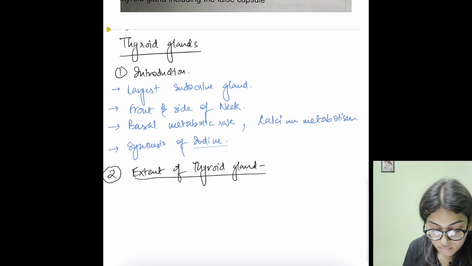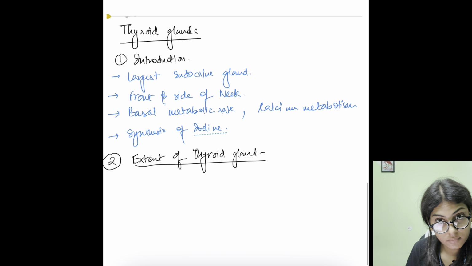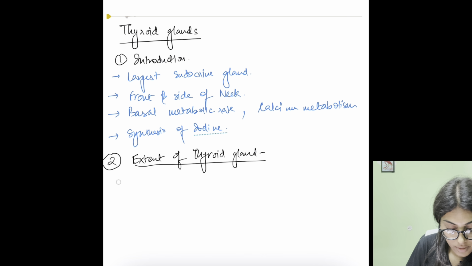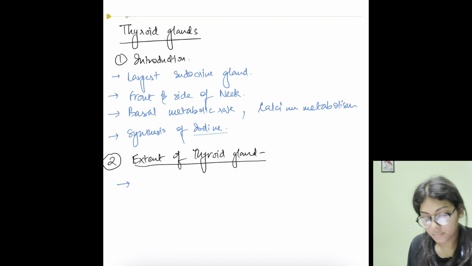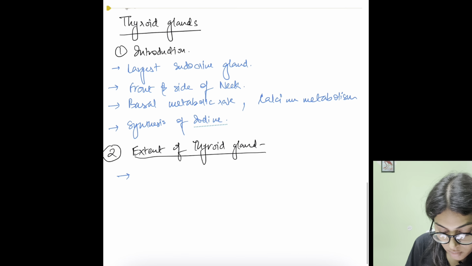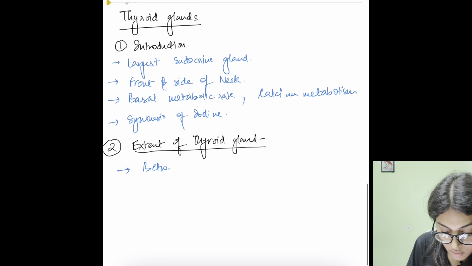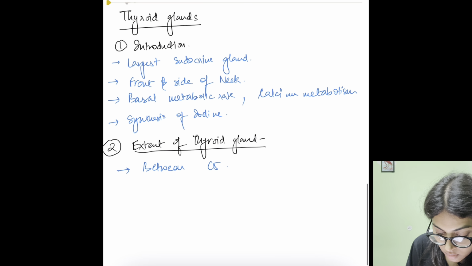Extent of thyroid gland. It is present between C5 to C7 and T1.